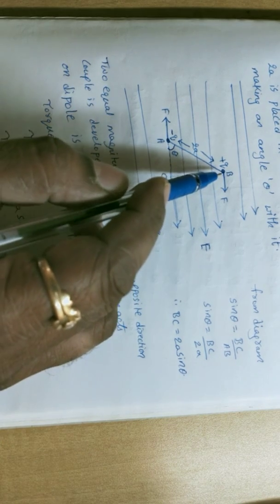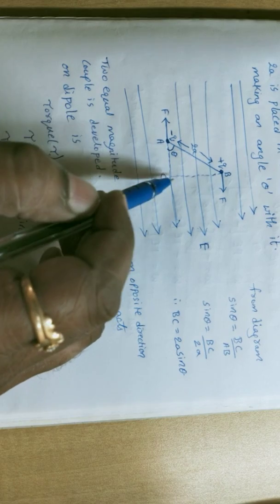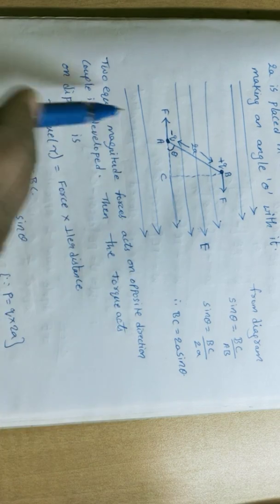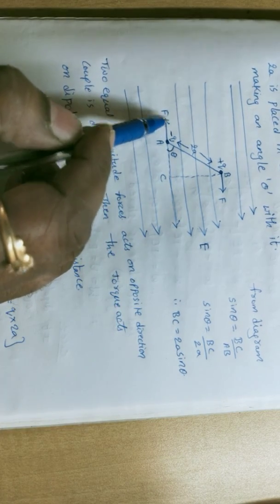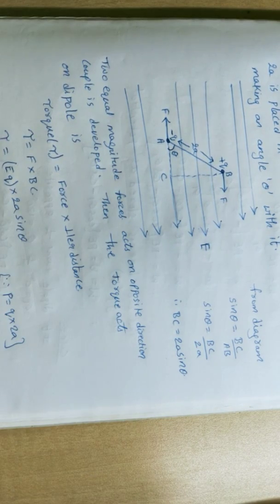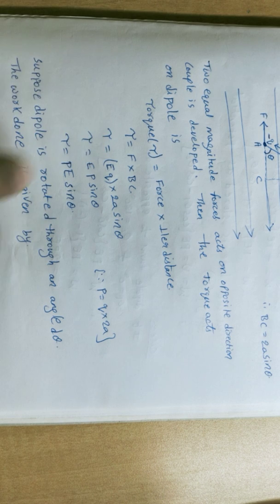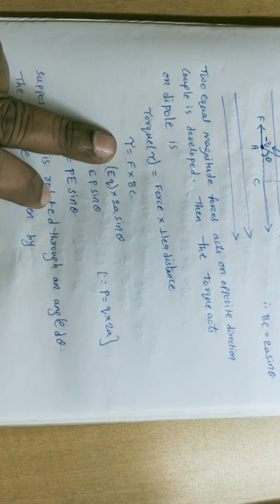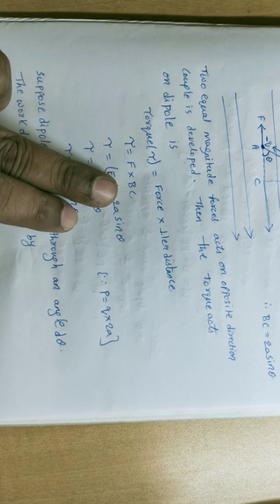Here from the diagram, for this force, BC acts as the perpendicular distance. Here F acts like this, so here also the perpendicular distance is BC. So friends, torque is given by the fundamental formula, force into perpendicular distance. So tau is equal to F into BC.